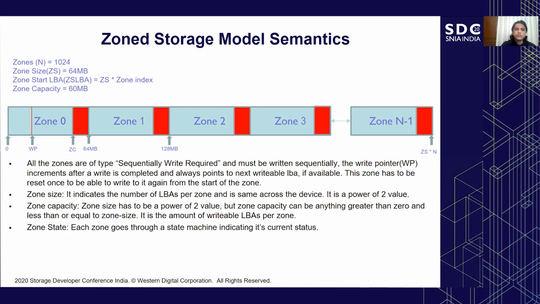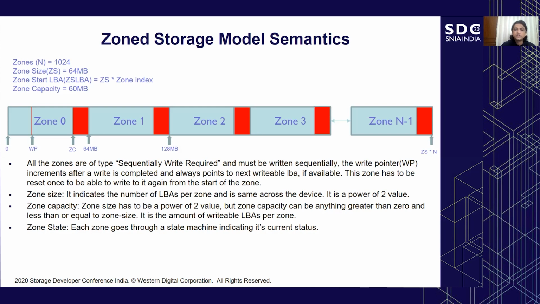Each zone has certain attributes like a zone size. Zone size indicates the number of LBAs per zone, and it is the same across the device, and it has to be always a power of 2 value. Zone size, and zone capacity. Zone size has to be a power of 2 value, but zone capacity can be anything greater than 0 and less than or equal to zone size. It is the amount of the writable LBAs per zone.